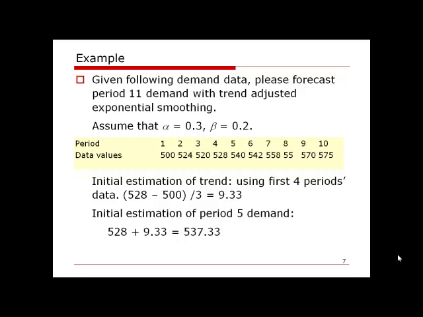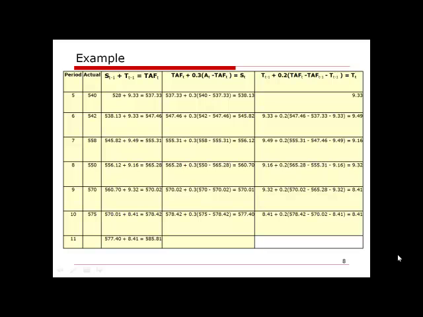Now, we are estimating time period 5, so we use the demand of period 4, which is 520, as the estimate of S_t. So we have the initial estimation of period 5 demand equal to 528 plus 9.33 equals 537.33.